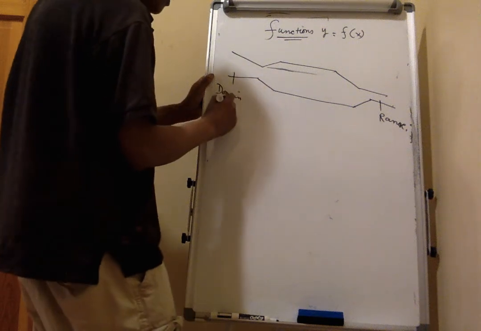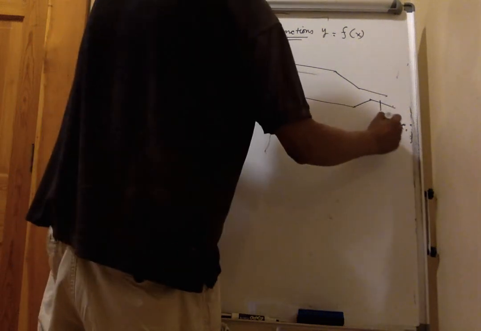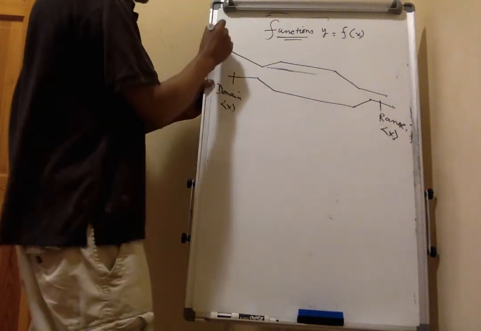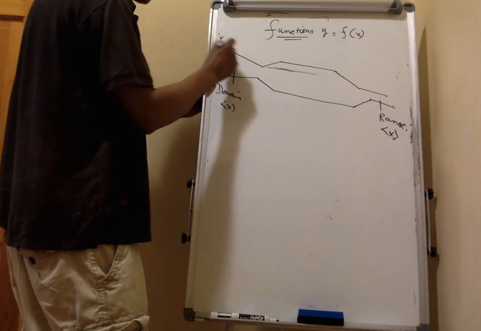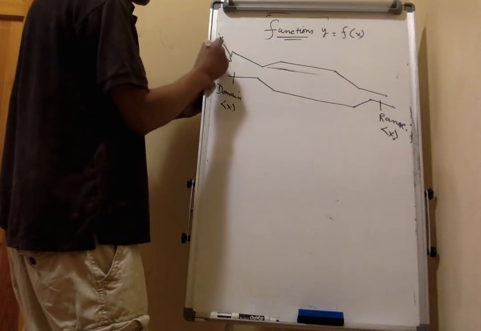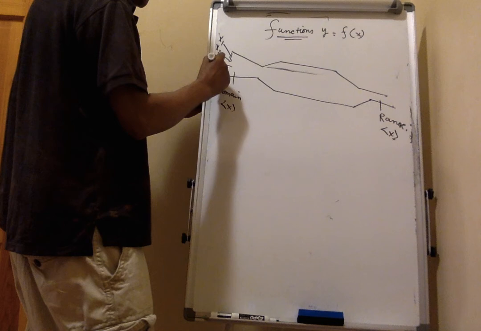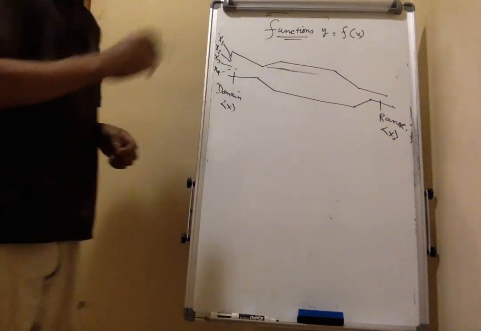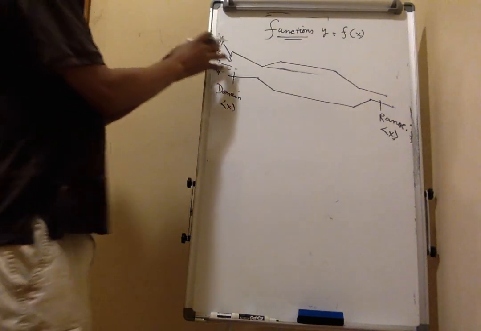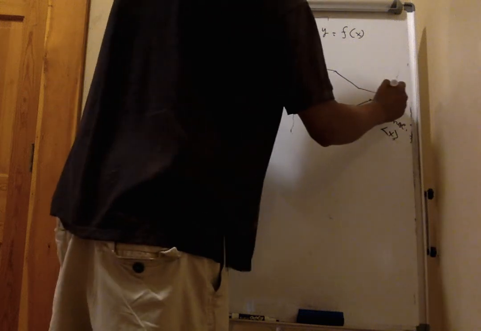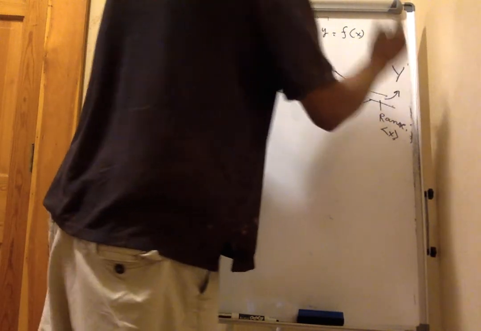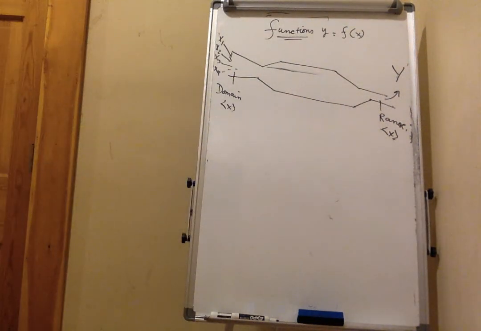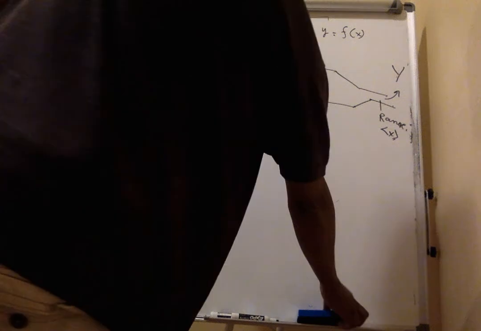You know domain is always x and range is y. You can have as many values of x as input, x2, x3, x4, up to infinity. But once you get through the process, the only outcome you are expecting is just one y. That is basically what we mean by a function.